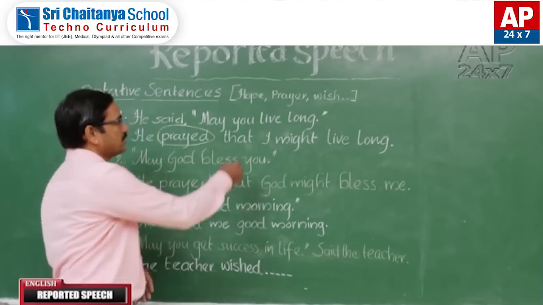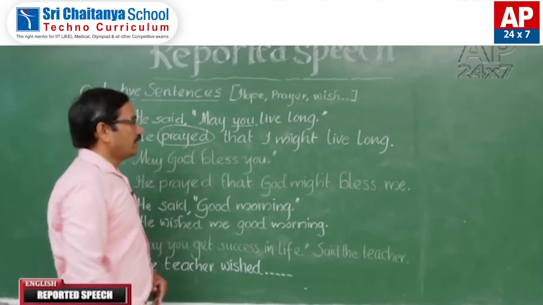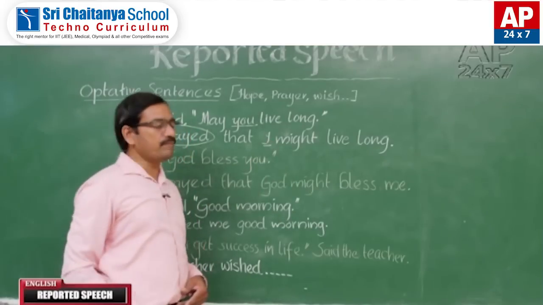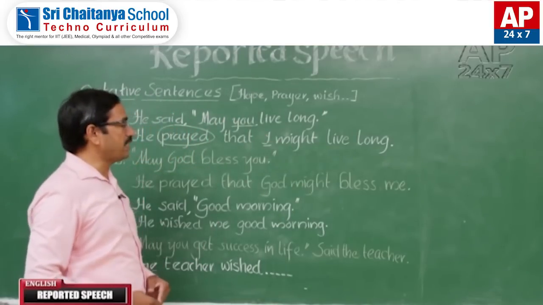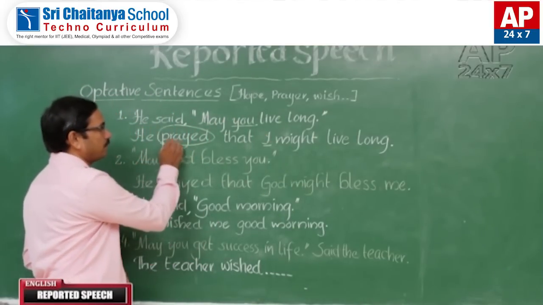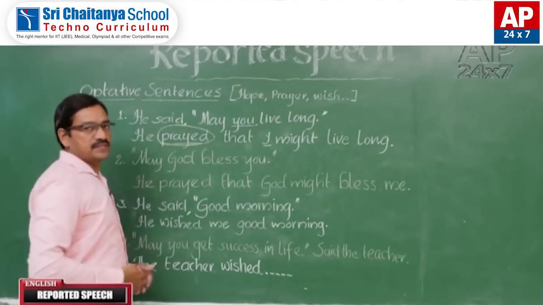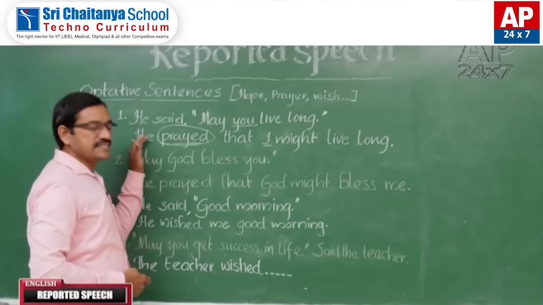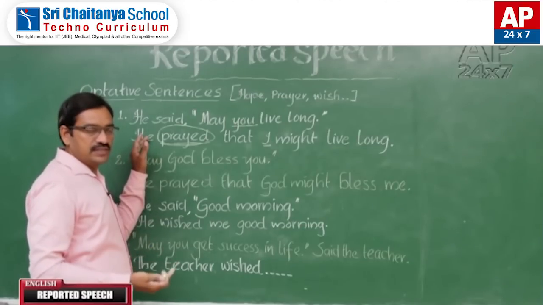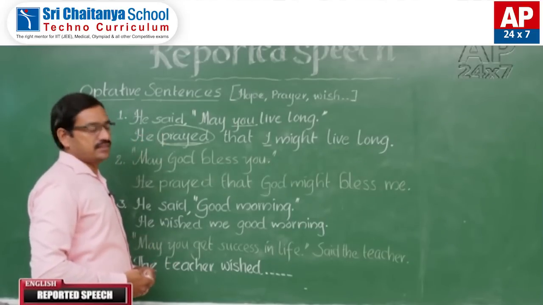Here you becomes I in the indirect form, may we have changed into might, and the word he prayed shows it is a prayer from the other person. So, instead of writing he said or he told, we have written he prayed.